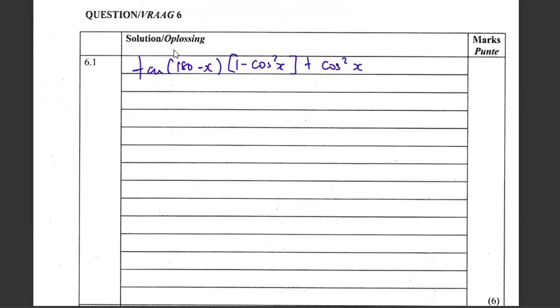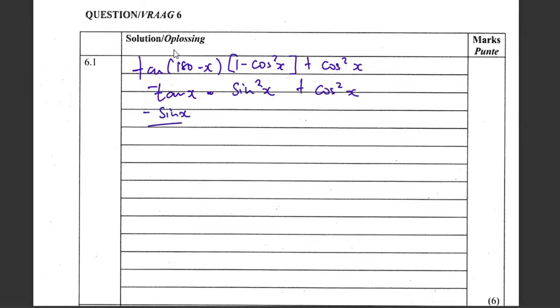Okay, so let me reduce this. That's going to be negative tan of x. And then I know that 1 minus cos squared, should I leave it as a sine squared? Yes, I can just change it to sine squared x. And then I'm adding the cos squared of x. Then let me change this into sine over cos.